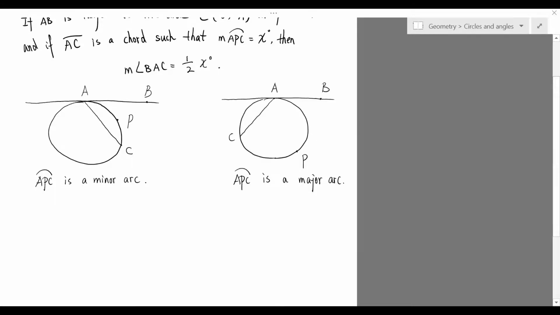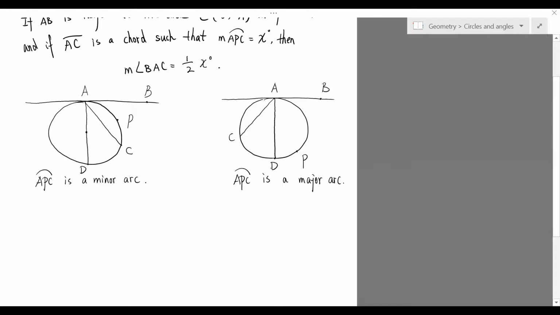As we have mentioned, it turns out to be based on the characterization theorem. So for instance, let's look at the figure on the left-hand side. What we're going to do is draw the diameter through point A, and we could denote the other endpoint of this diameter as capital D. Similarly, we could also draw a diameter through point A for the second scenario.